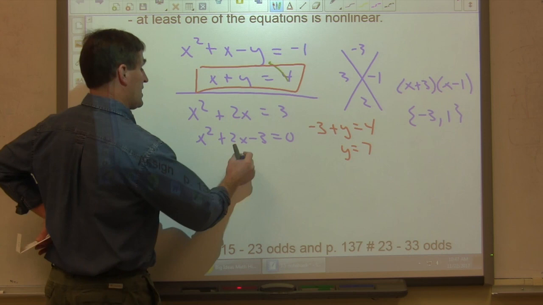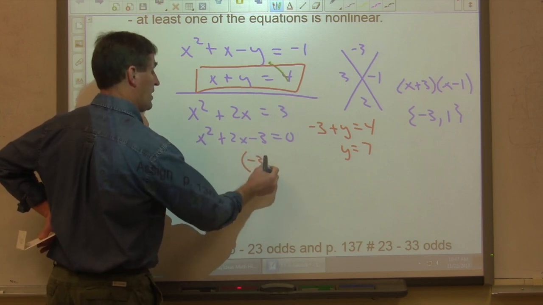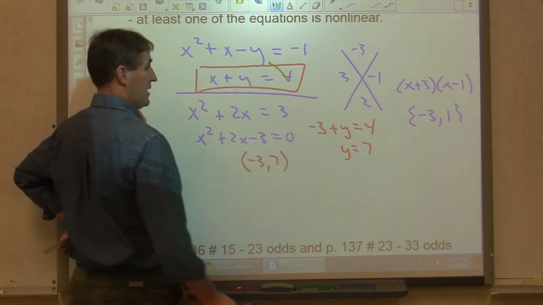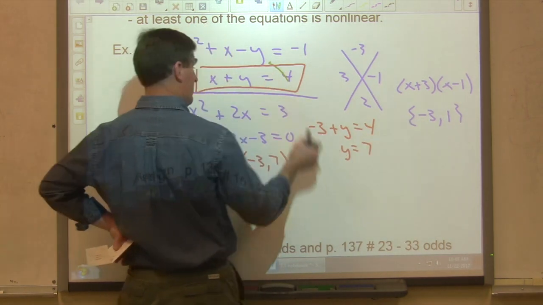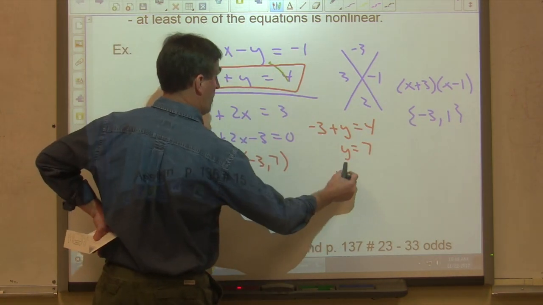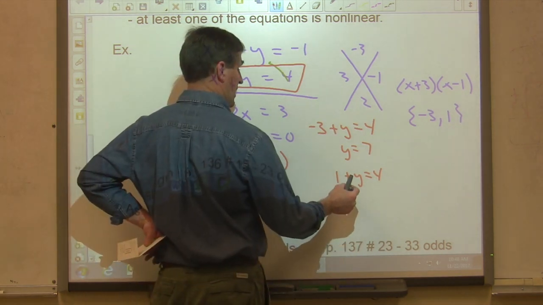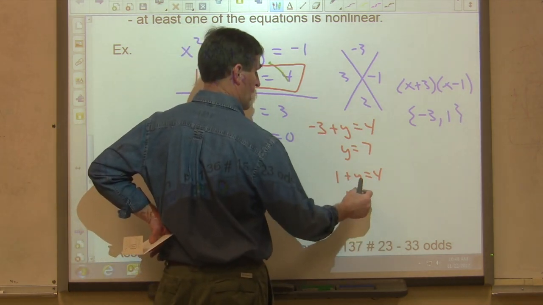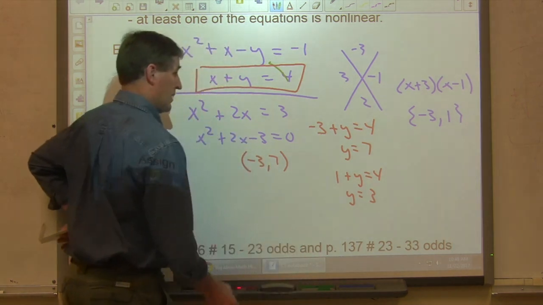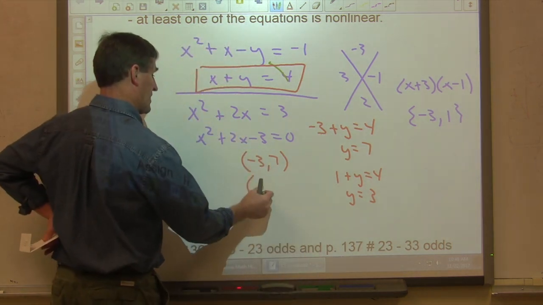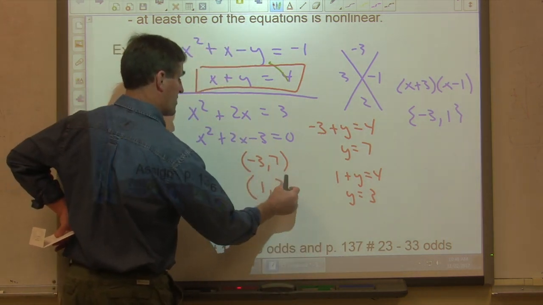So one answer is when x is -3, y is 7. And then we're going to plug in 1 and do the same thing again. 1 plus y equals 4. And so then we subtract 1, y equals 3. And so our other answer is when x is 1, y is 3.